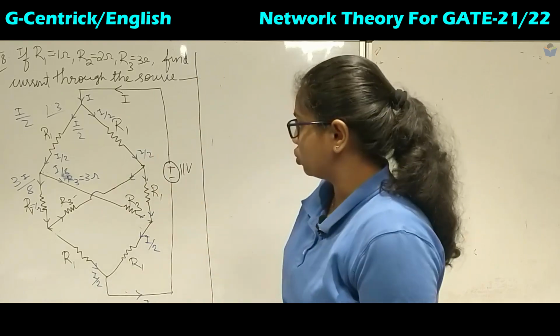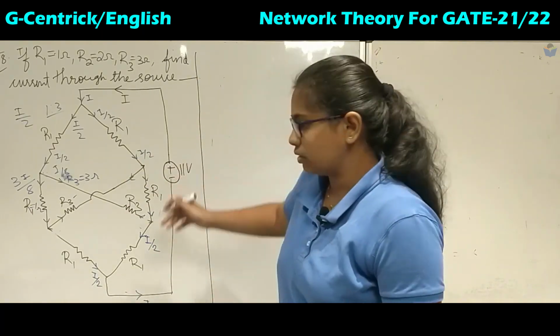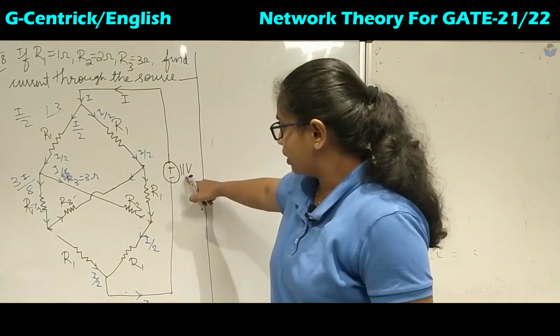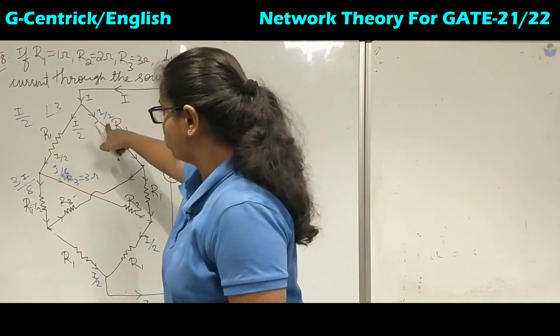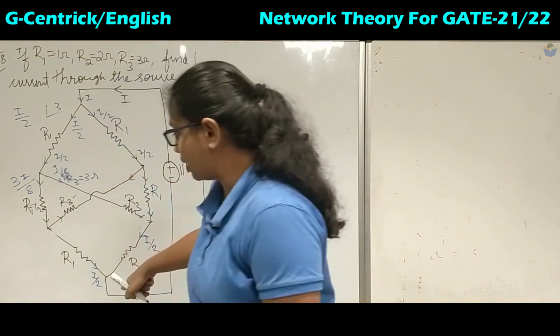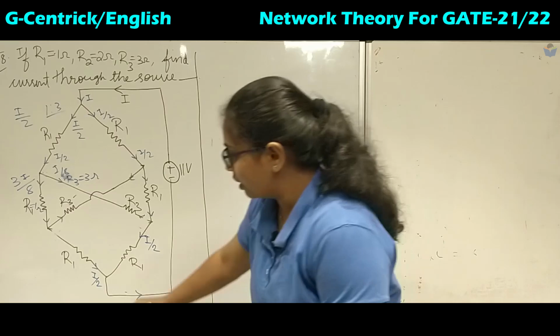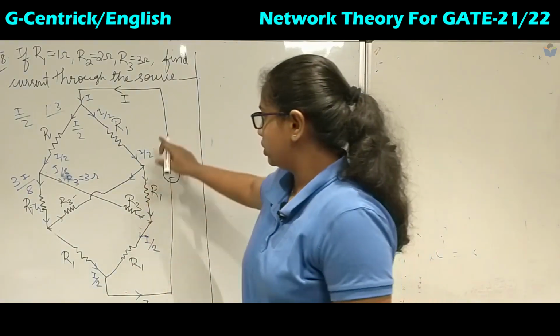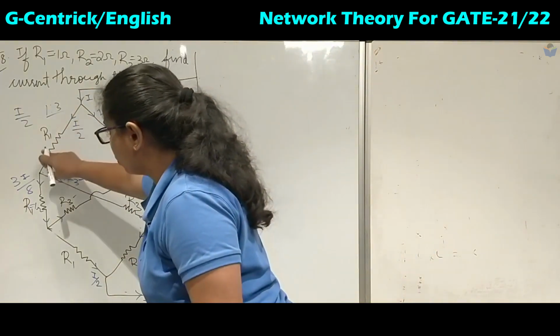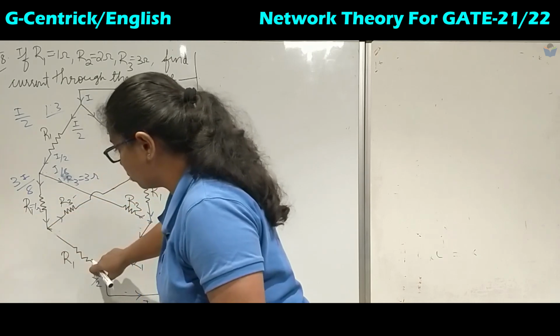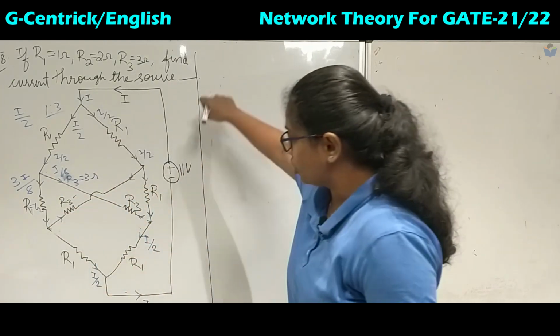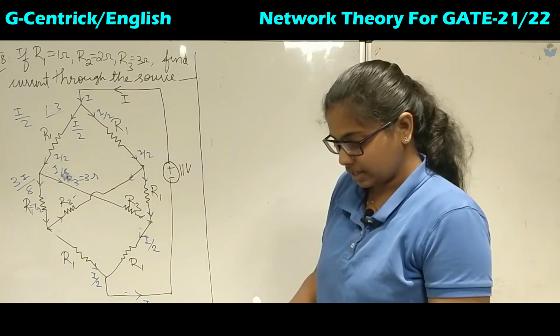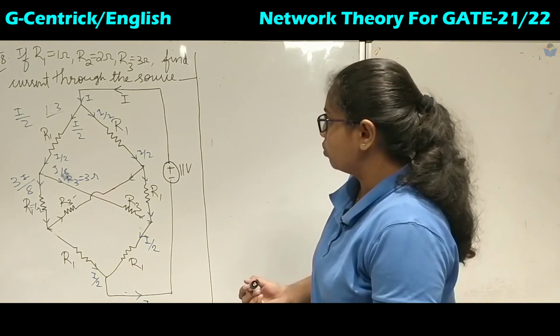Now we have to take the shortest path to calculate the value of the voltage. We have to apply Kirchhoff's law, because if we know the voltage drop across all of the branches and the current we have divided, we can proceed. So we will move in this way, through all the outer branches of R1. That is the shortest path, and we will apply Kirchhoff's voltage law.